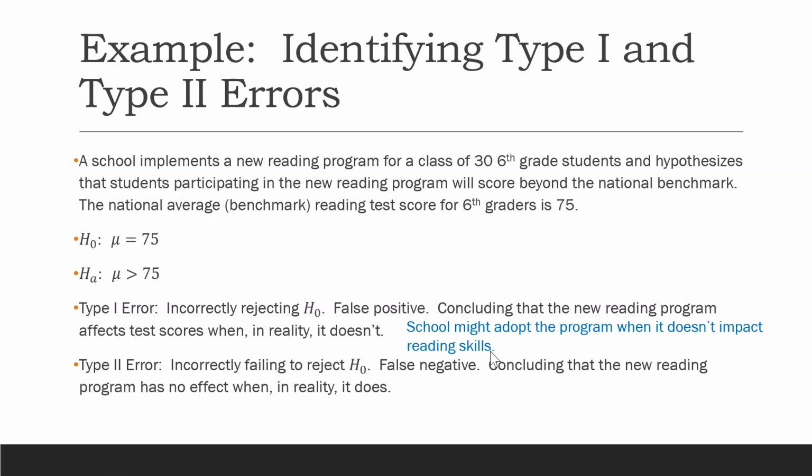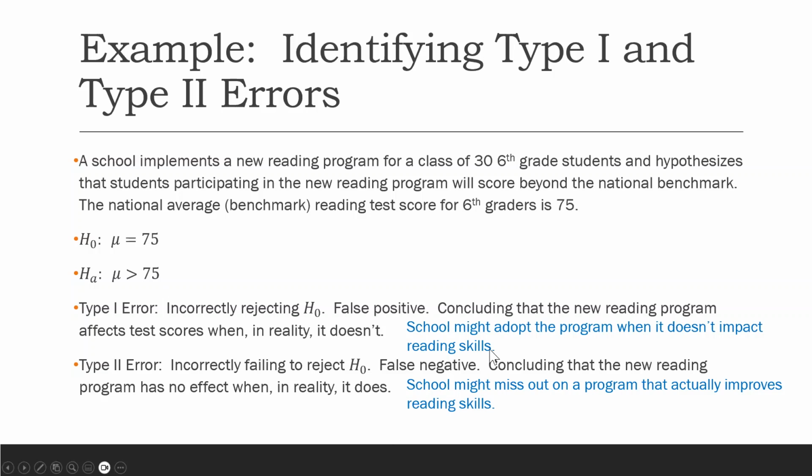So they may be wasting their funding on something that doesn't work. If I think about this type 2 error, what's the impact of that? Well, the school might miss out on a program that actually improves reading skills if they use the results based off of the scenario with the type 2 error.